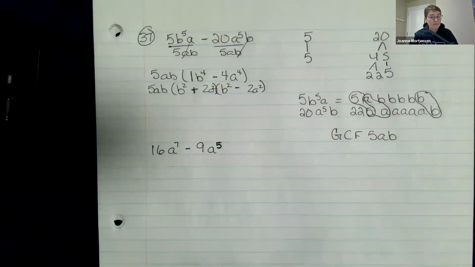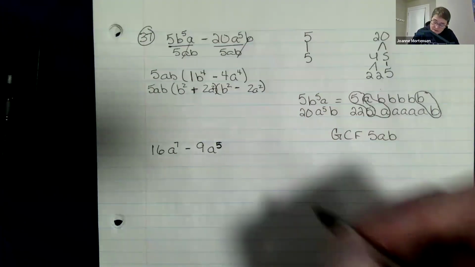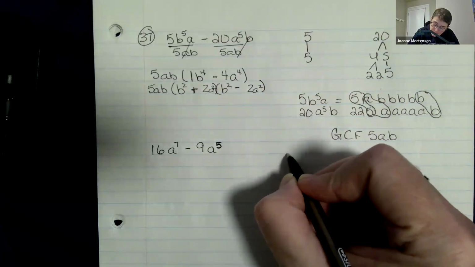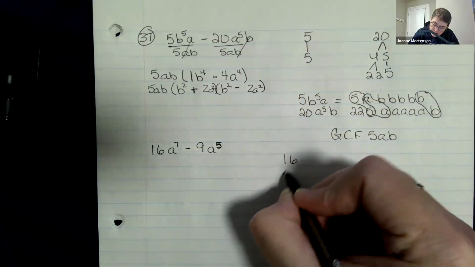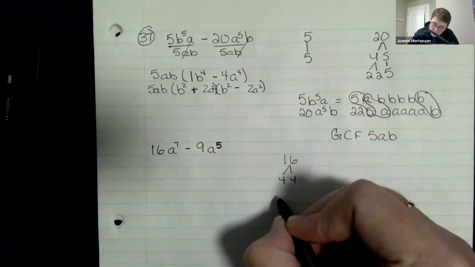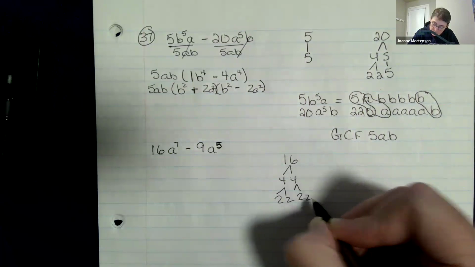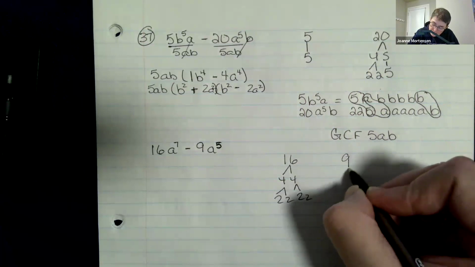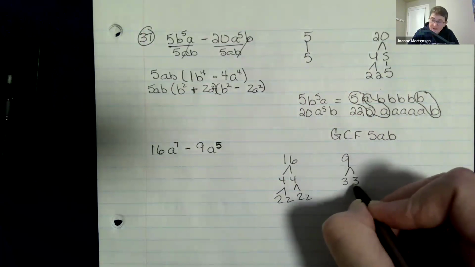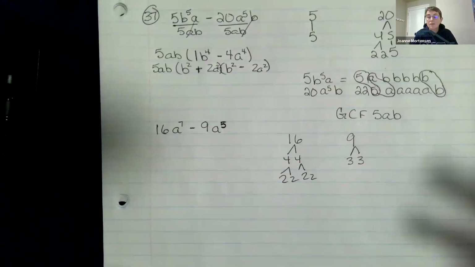So I'm just going to do it the way we did before. Okay, no square roots. Let's tree it out. So 16 is 4 times 4, 2 and 2, and 2 and 2. 9 is simply 3 and 3. You already knew that, but I don't want to change the plan.